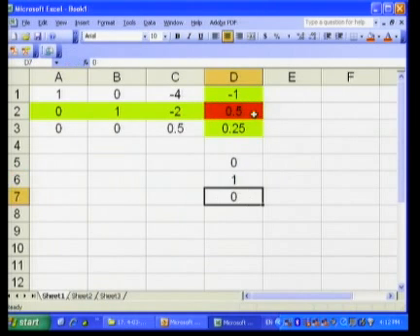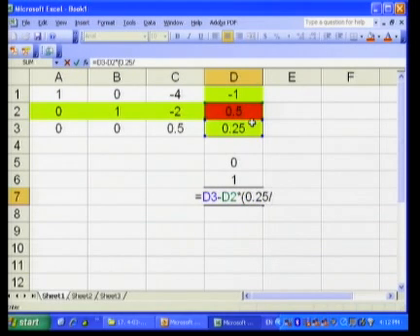Times 2. And the third row will be replaced by the third row minus this times 0.25 divided by 0.5.